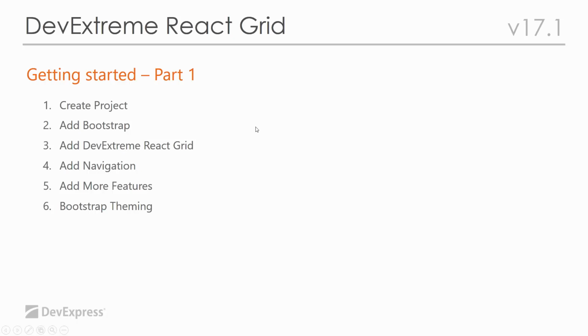If you haven't seen part 1, I highly recommend you do, because not only do we talk about the basics of React and how to get started, but more importantly, as is the goal of this webinar, to teach you about the React Grid and specifically how it is designed. Because it is designed with React in mind and was written specifically for React, things like adding new features generally involve adding components and setting them up differently.